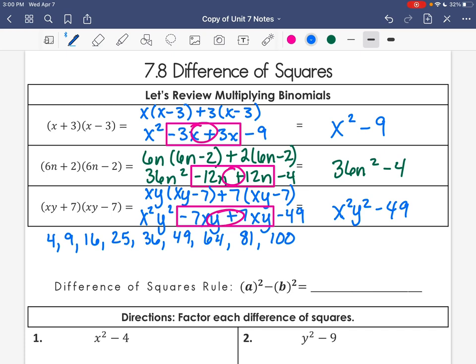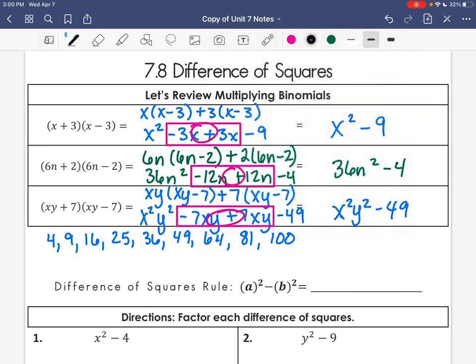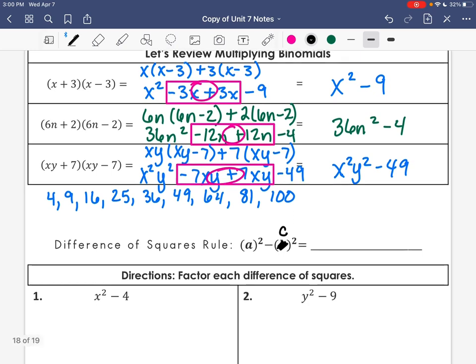One thing that I don't like about this, and I'm not going to be able to change it and make it look nice, is that this should not be a B. This should be a C. So it should be a squared minus c squared. That's what you have if you have a difference of squares.